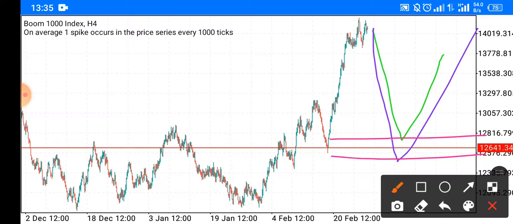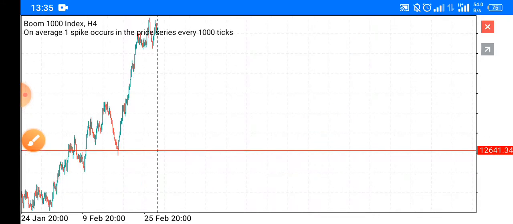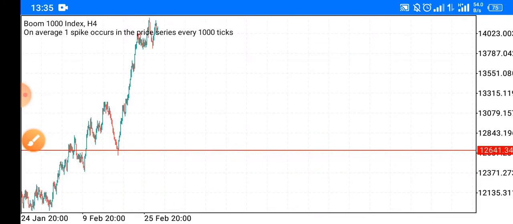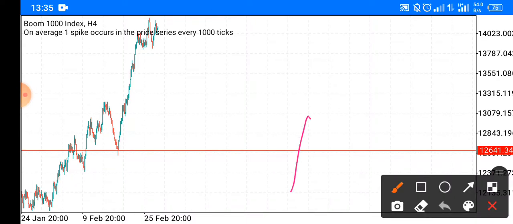Then for zone flips, let me explain what zone flips are. Let's say we are going up, right? When the market breaks this point here, that's our zone flip. A zone flip is just a previous resistance or a previous support that was broken to the opposite side.